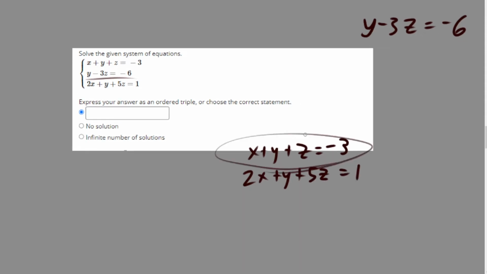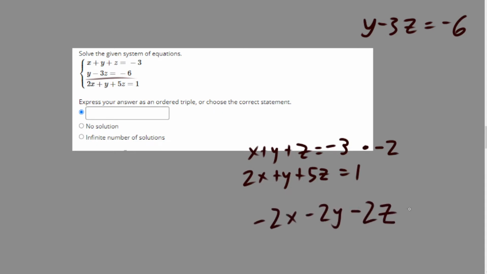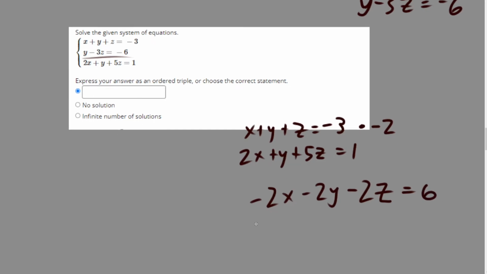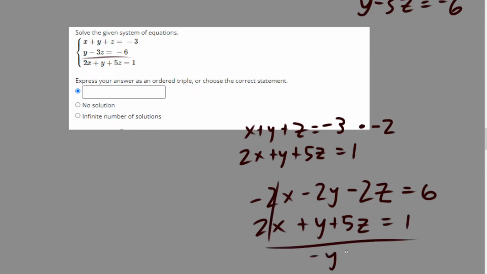What we need is to multiply this whole equation by negative 2. So we get negative 2x minus 2y minus 2z equals 6, and we'll get 2x plus y plus 5z equals 1. These will cross out. We'll get negative y plus 3z is equal to 7.